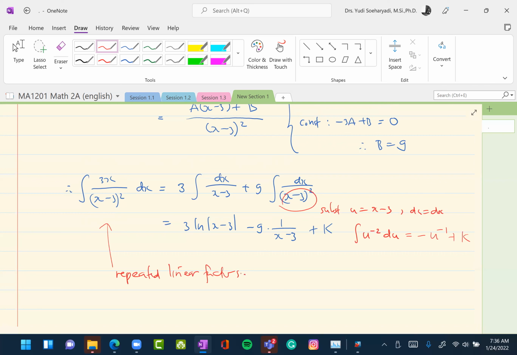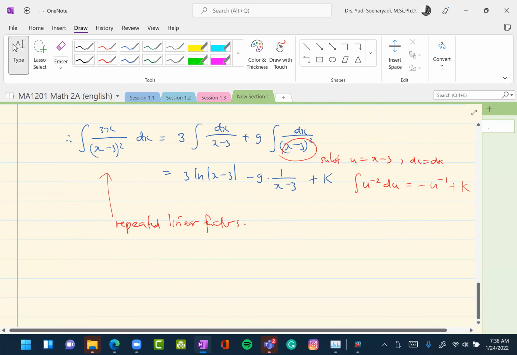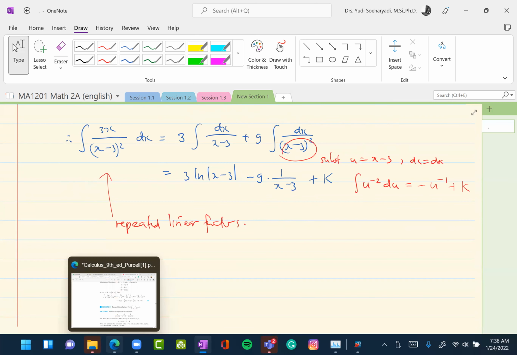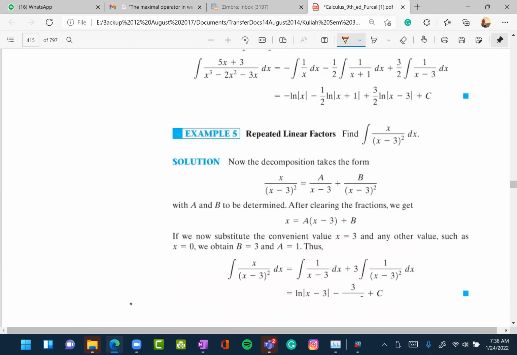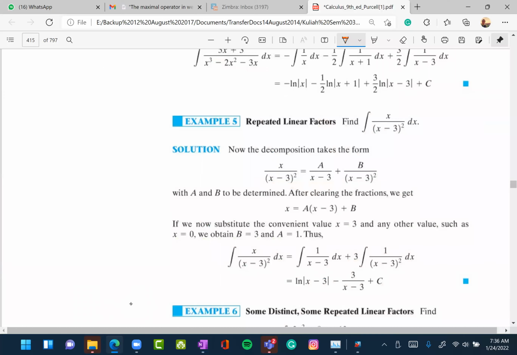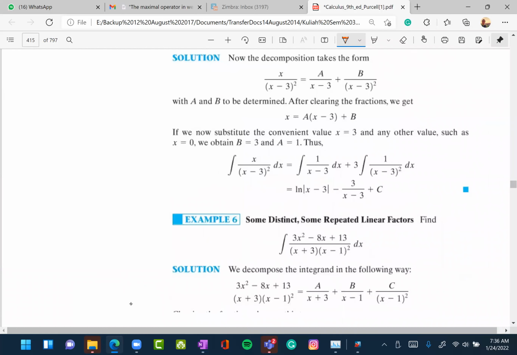And you can combine repeated and some distinct. I'll just show you directly from the textbook. This is repeated linear factors, some distinct, some repeated.